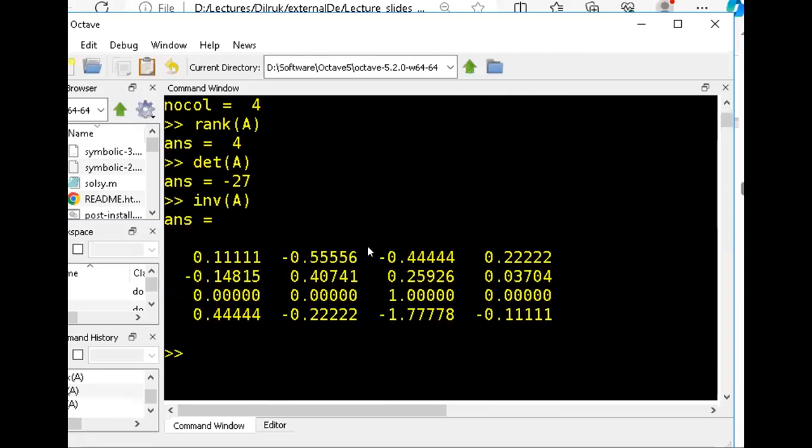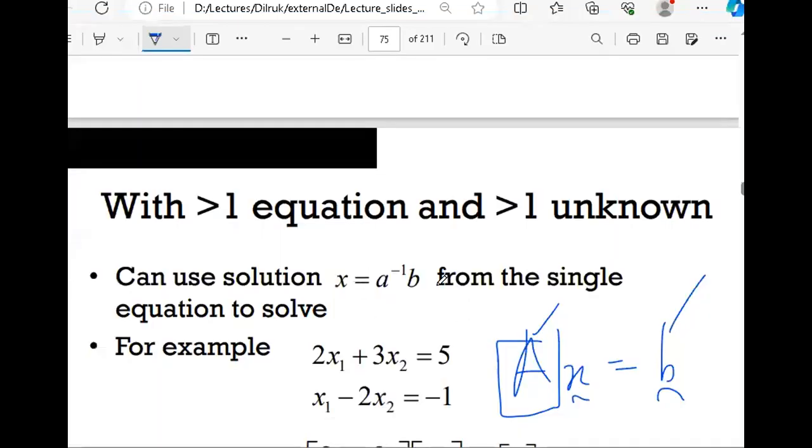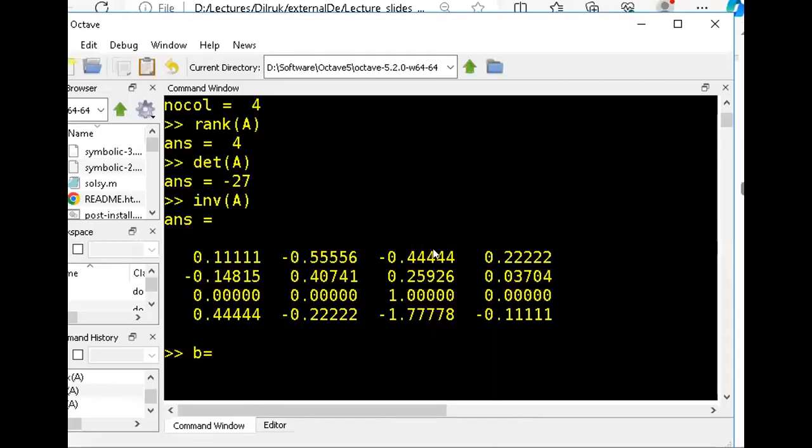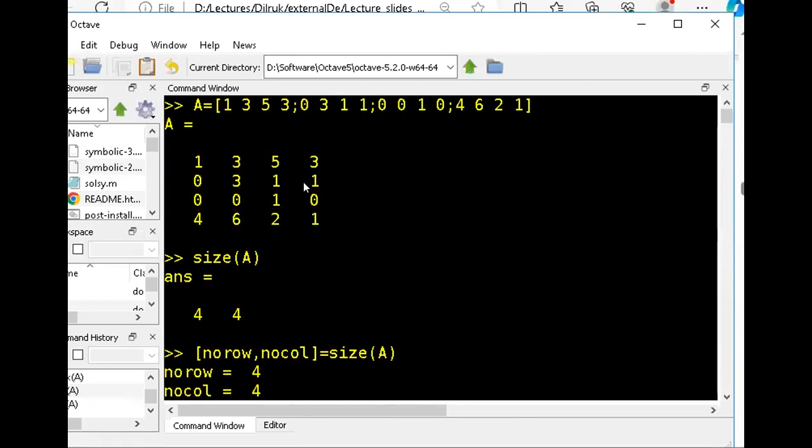There's a system. Let's define the right hand side. I define the right hand side, any right hand side, like this. So how many equations do we have? 4. So we have a column vector consisting of 4 elements.